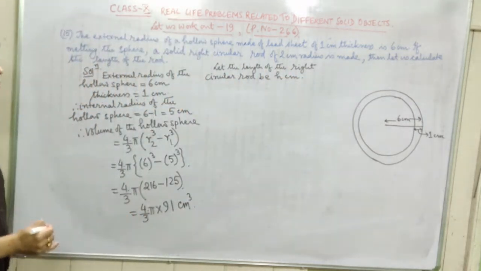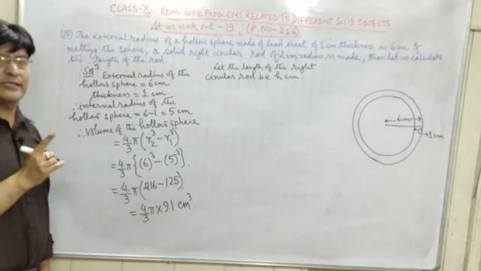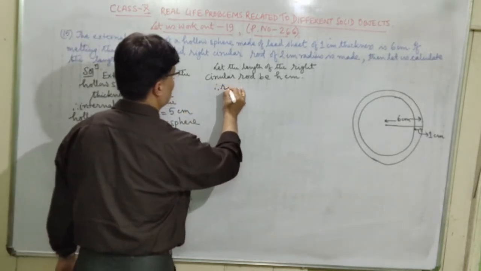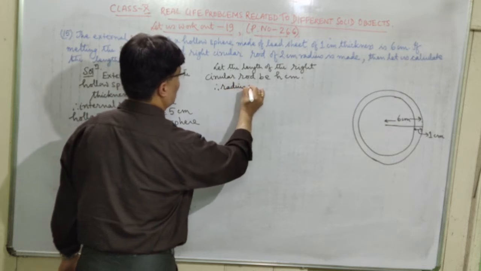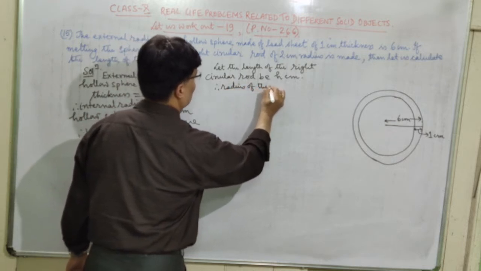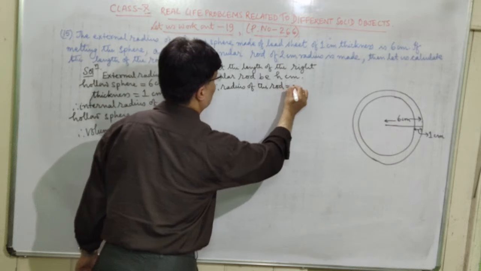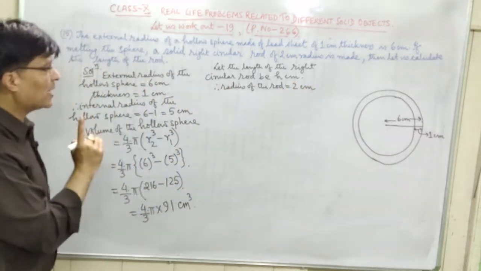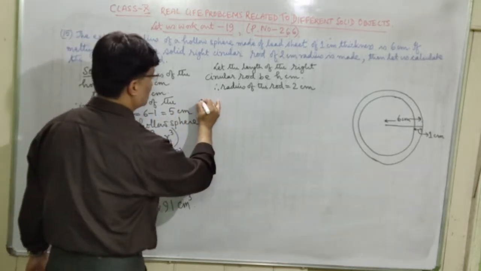So what is its radius? Radius of the rod is equal to 2 centimeter. So let us calculate the volume of the right circular rod.